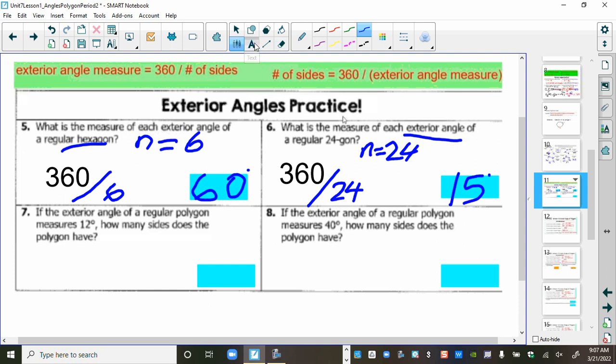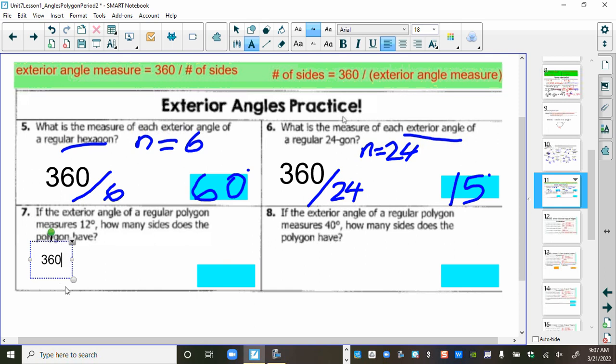Now, it's slightly different. They gave us the measure of each exterior angle. So they want us to get the number of sides, but all we have to do is divide. But just like before, you're just taking 360 and you're going to divide by what number in this case?